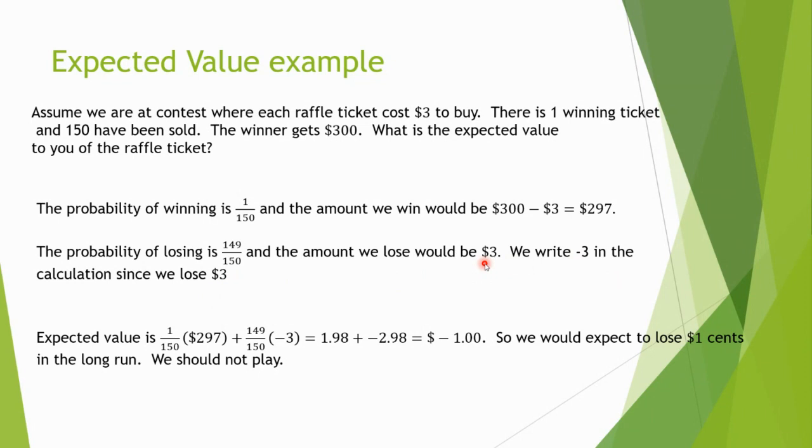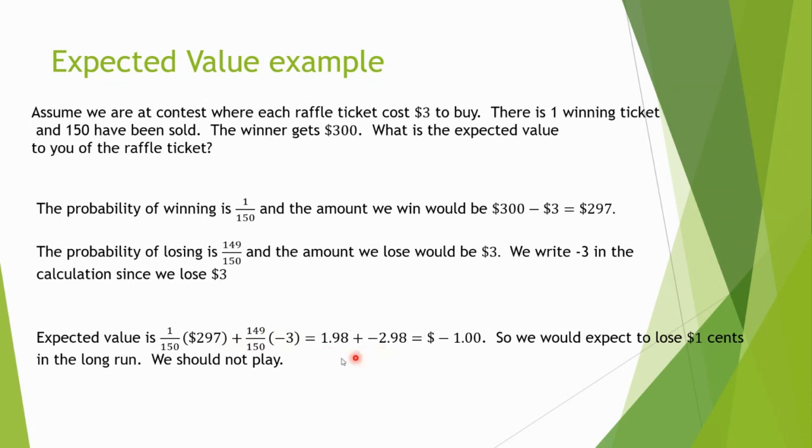That's our outcome if we lose. We're multiplying it by the probability. So we have 297 times 1 over 150, -3 times 149 over 150. I put a negative here because we're losing. Okay, that's why we have the negative.